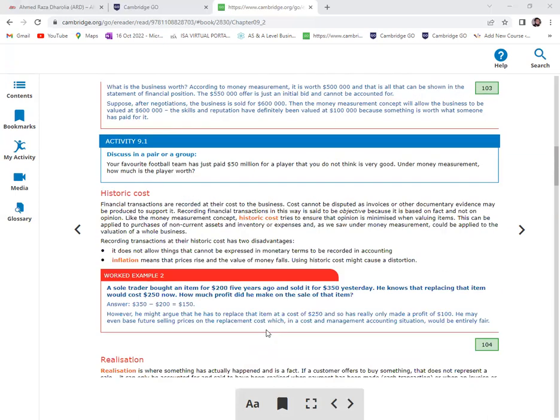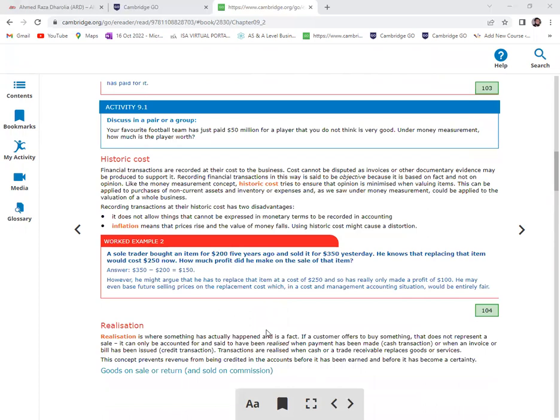The fourth accounting concept is historical cost. As we all know, when we buy non-current assets, we are debiting them, right? Assets increase on the debit side. Am I right?